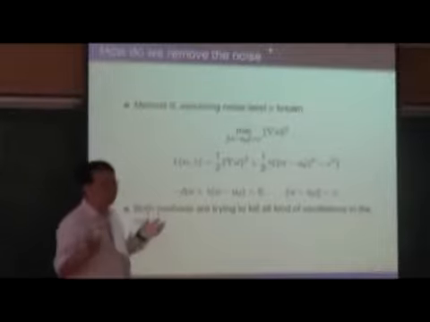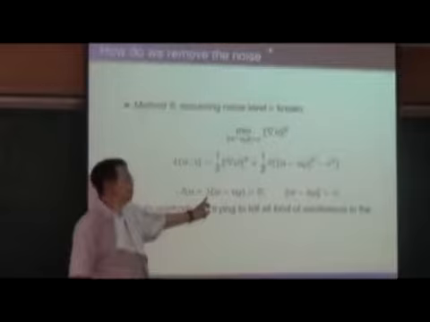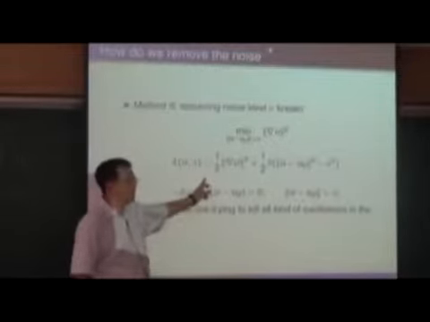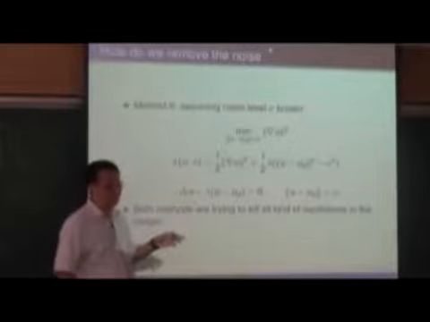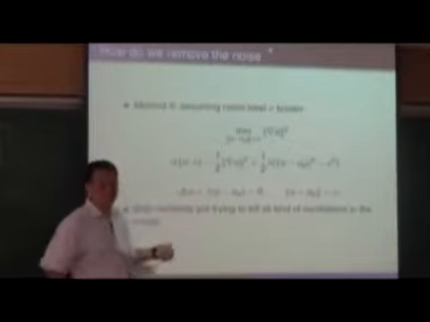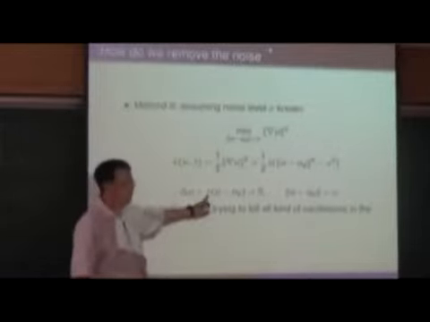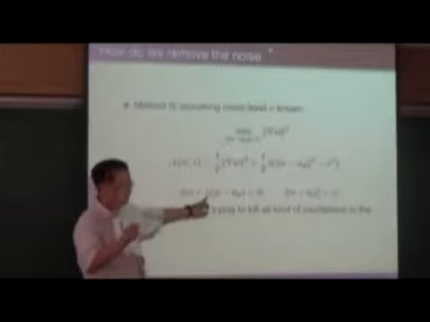That means you remove too much signal. So in practice, if you don't know the noise level, a bigger lambda removes very little noise, and a smaller lambda smooths too much. A good balance is to choose a lambda proper to your noise level.